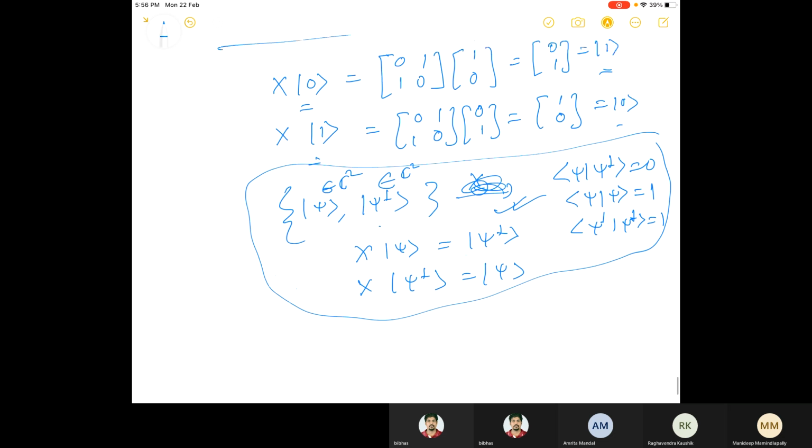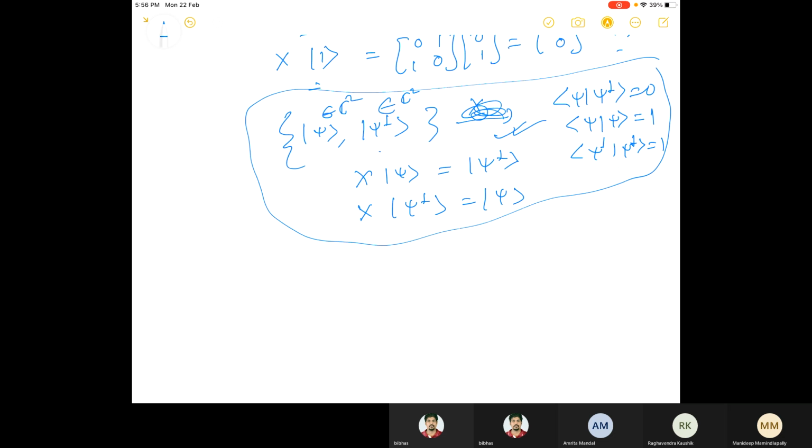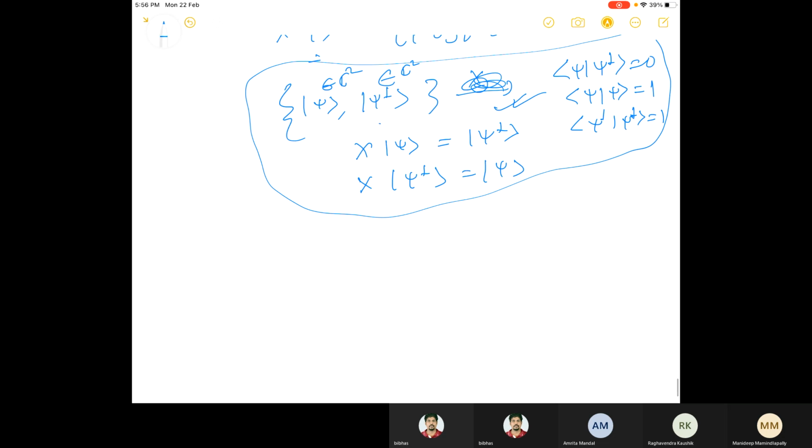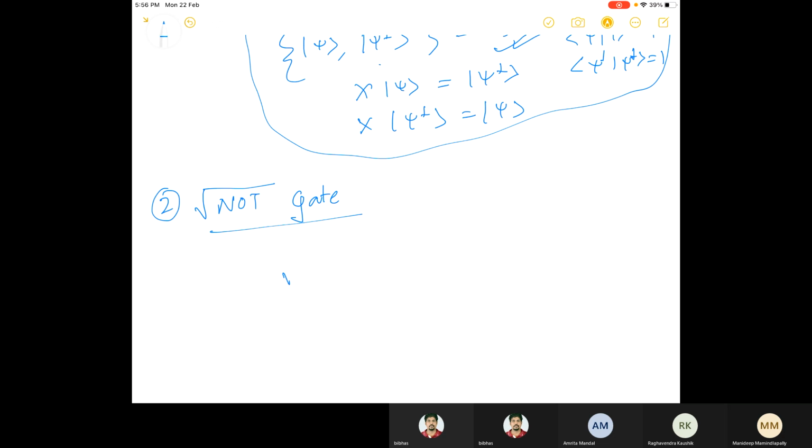Now there is one more interesting gate, for which there is no classical analog. It is called the square root of NOT gate. This is my, let's say, second gate. What is the square root of a matrix? Let me define it this way.